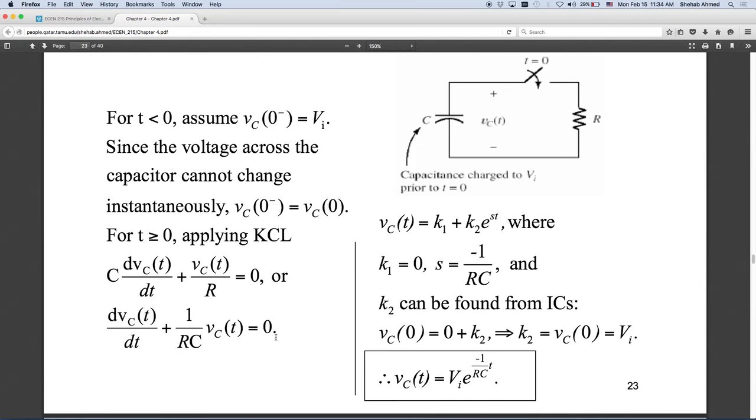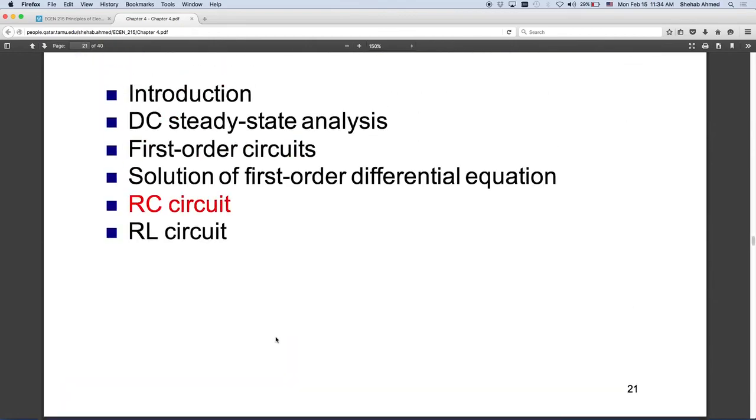Let's go back to the boxed equation that we came up with before.